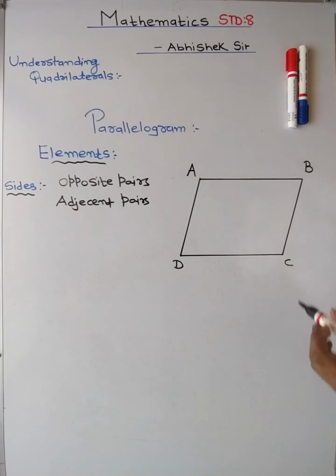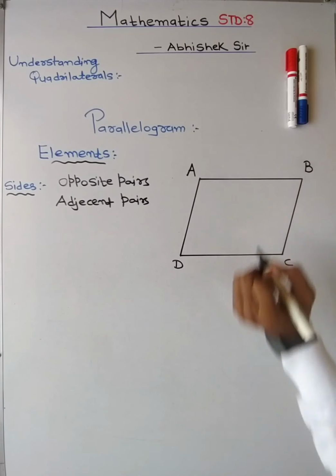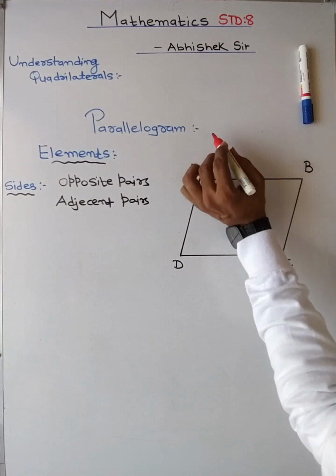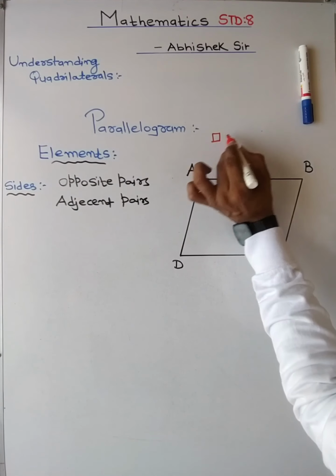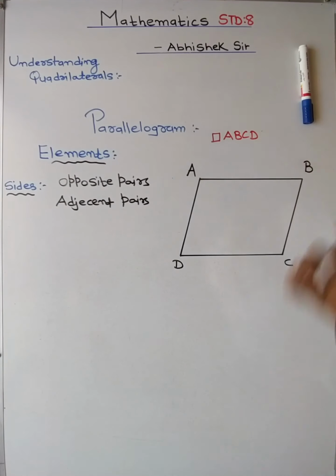Okay, opposites are the ones which are in front of each other, right? So if we say that AB, right now we have a parallelogram ABCD. This is how you represent a parallelogram, right?